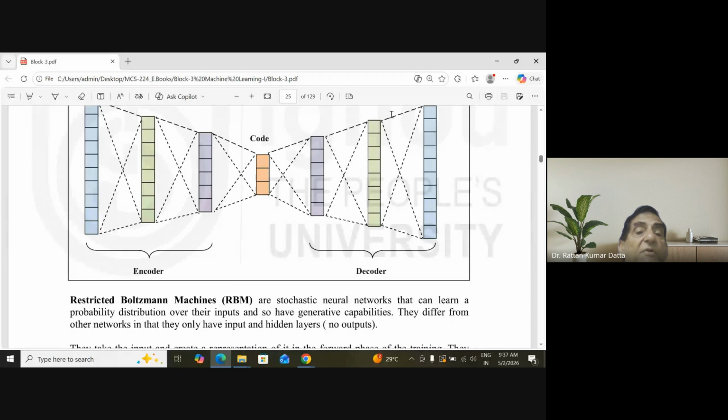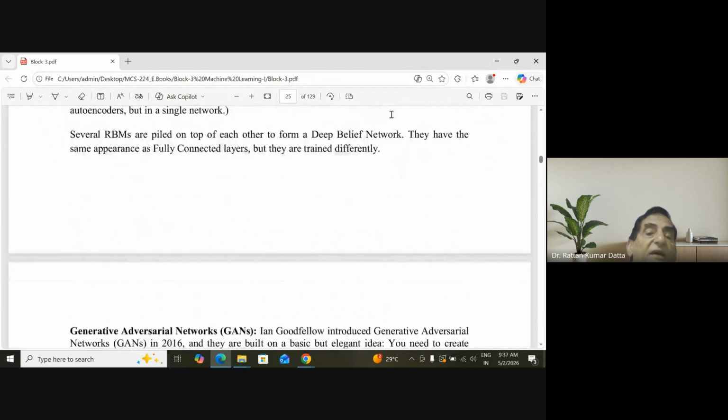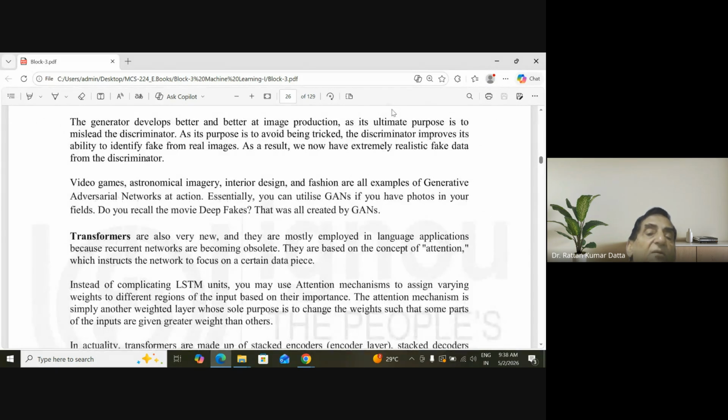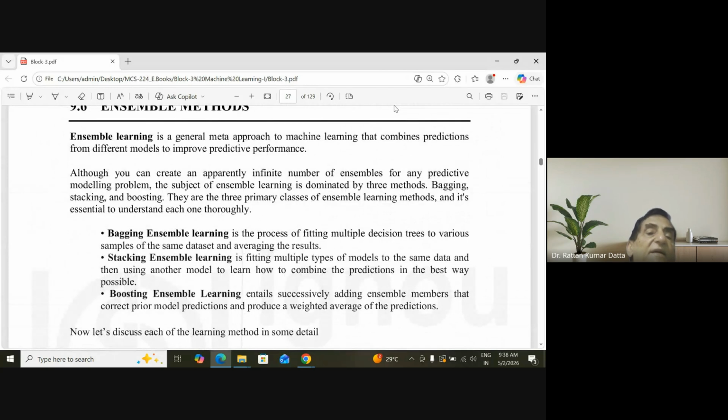Because after all, whatever you are saying is converted into binary, and then you get the data from the memory and use it, and then go back and decode it. So restricted Boltzmann machine, and generative adversarial network, all these things you can just go through. And then ensemble method.